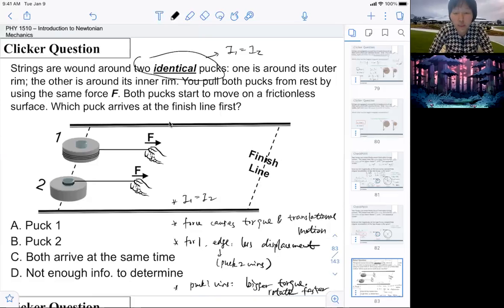Just wanted to give a quick announcement for, sorry, not tomorrow, on Thursday, that's your midterm 2. It will be available at midnight on Thursday and available until the end of the day on Thursday.